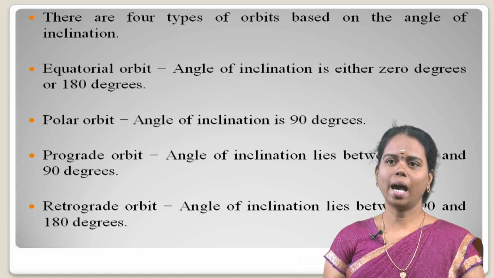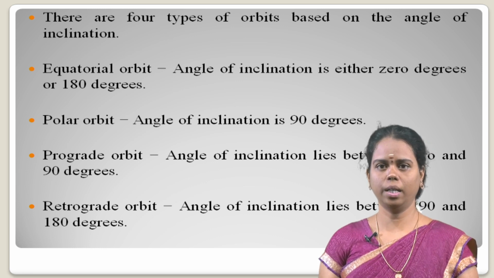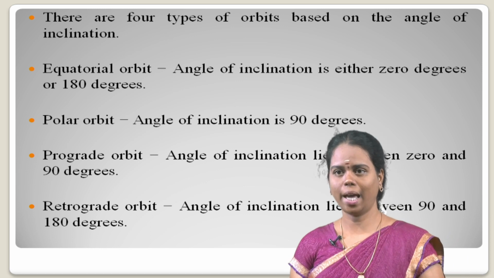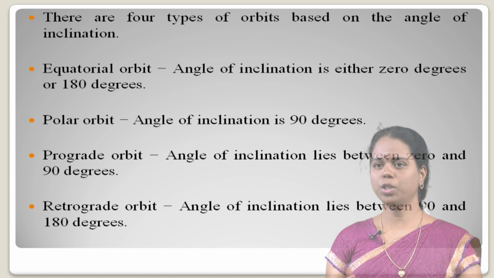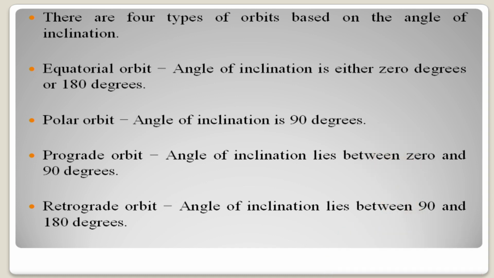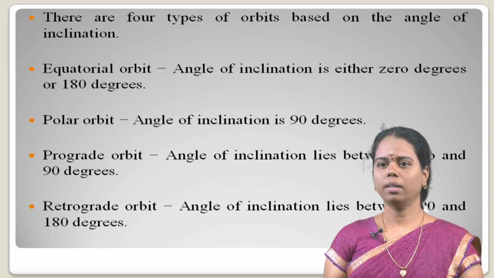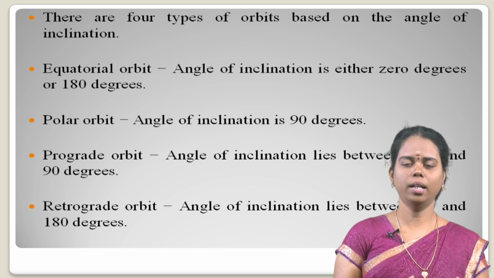Equatorial orbit is where the angle of inclination is either 0 degrees or 180 degrees. Polar orbit is where the angle of inclination is 90 degrees. Prograde orbit is where the angle of inclination lies between 0 and 90 degrees. Retrograde orbit is where the angle of inclination lies between 90 degrees and 180 degrees.